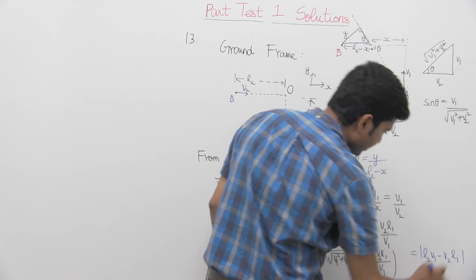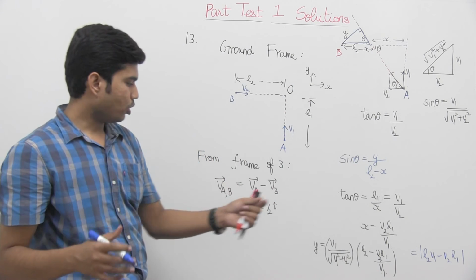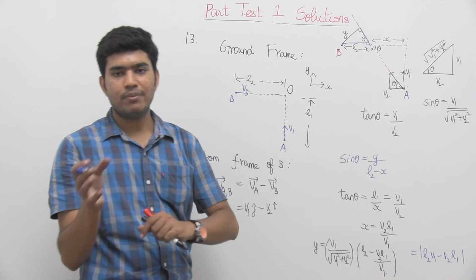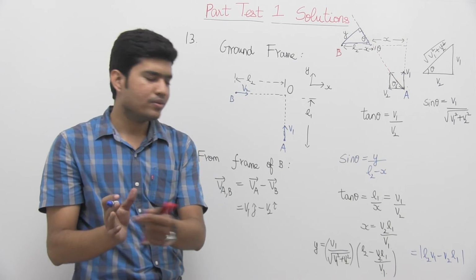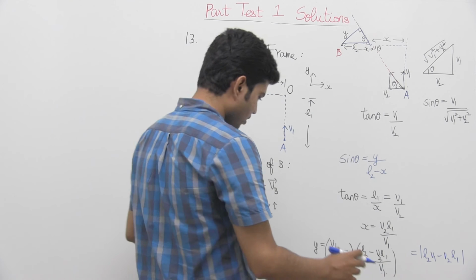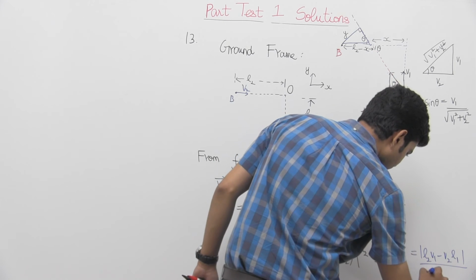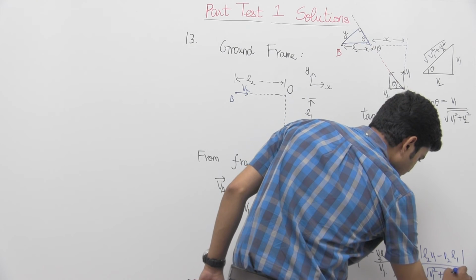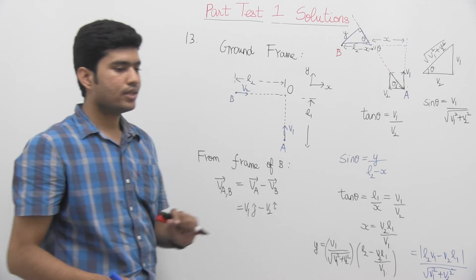First of all you have to take the mod, because you never know whether it is a positive or negative value. Whenever this kind of thing is happening, we don't know whether it is positive or negative, just take the modulus value upon under root of V1 square plus V2 square. So you see how quickly we got the answer.